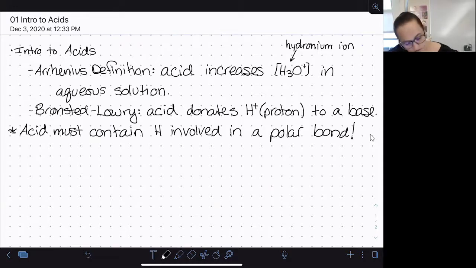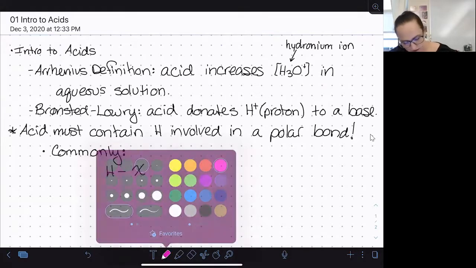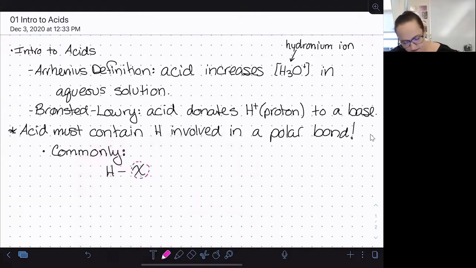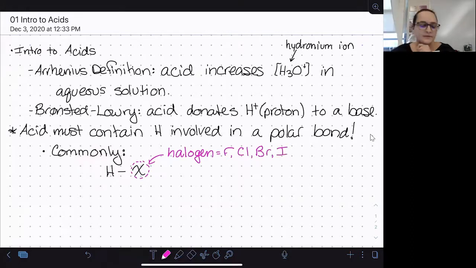So the most common bonds you will see that tend to be acidic are hydrogen bonded to a halogen. X is how we represent the halogens generally, which are group 7 in the periodic table. So that's fluorine, chlorine, bromine, iodine.